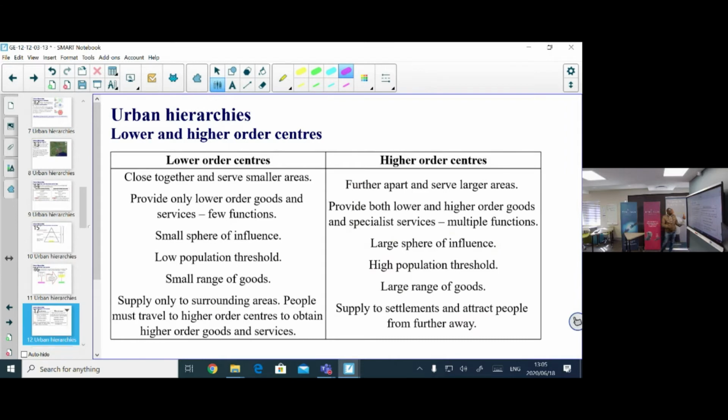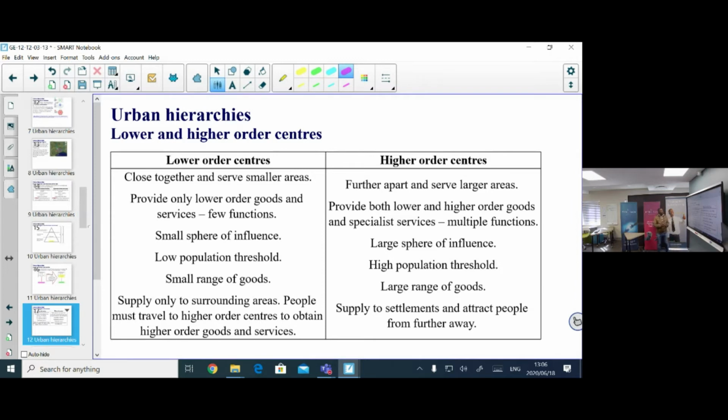Let's move ahead. Now we want to look at these lower order centers and the high order centers and categorize them into two and see what are their differences and what are their similarities. Lower order centers are close together and serve smaller areas, whereas high order centers are further apart and serve larger areas.